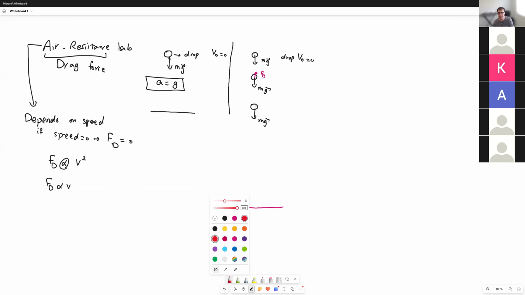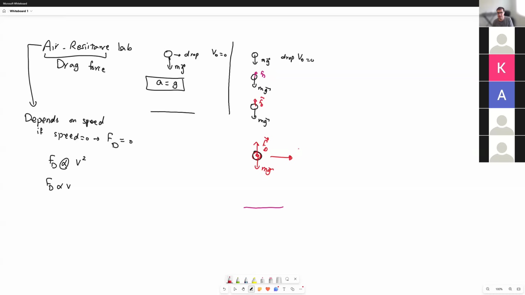The higher the speed, the higher the air resistance. And at some point, if this is mg, the magnitude of air resistance would be exactly equal to mg.